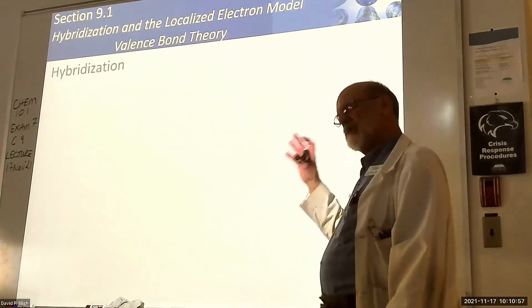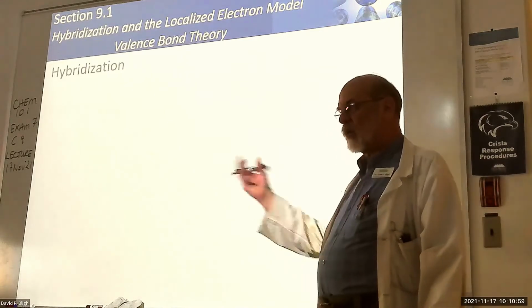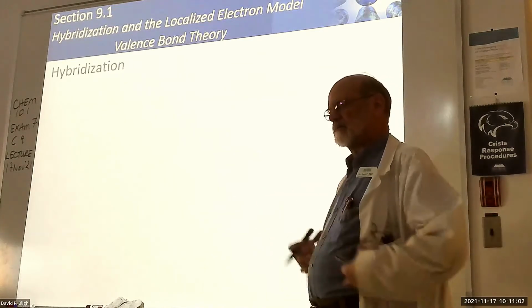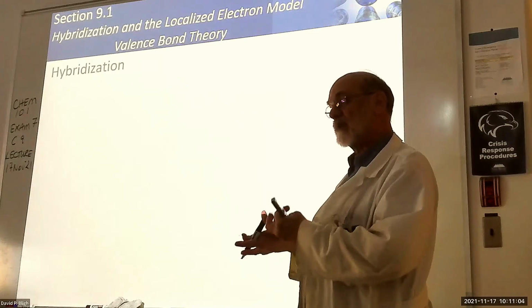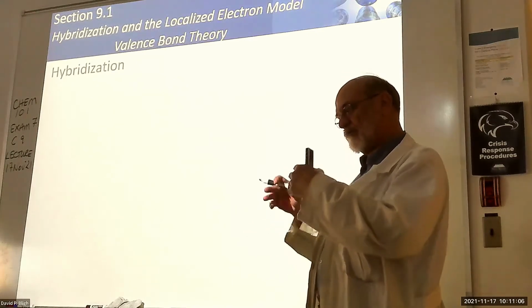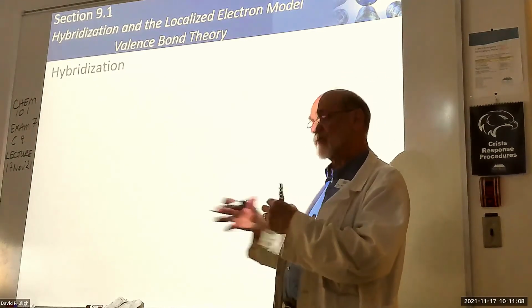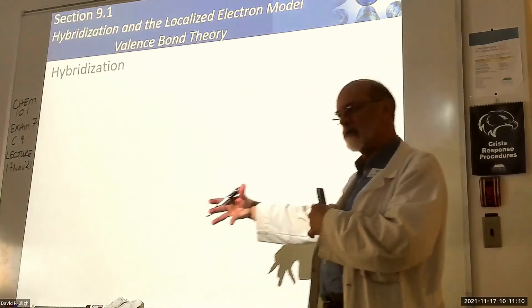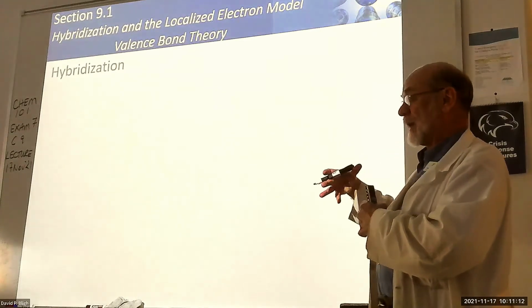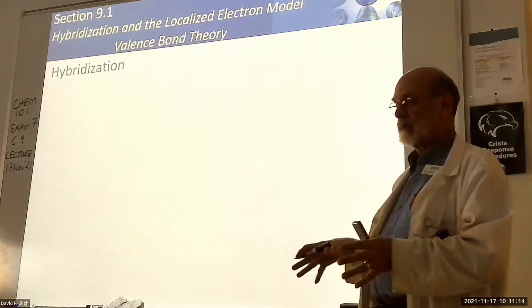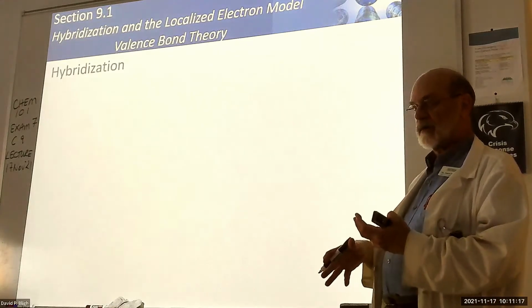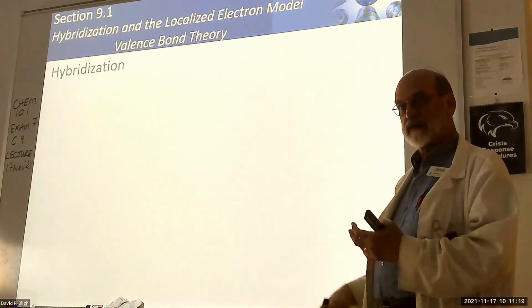So in order to maintain the localized electron model of the atom and, by extension, the construction of the molecule, we're going to have to create somehow atomic orbitals that give us the right arrangement.